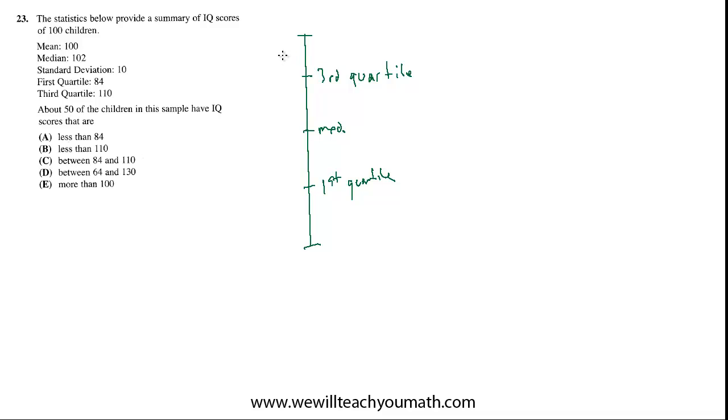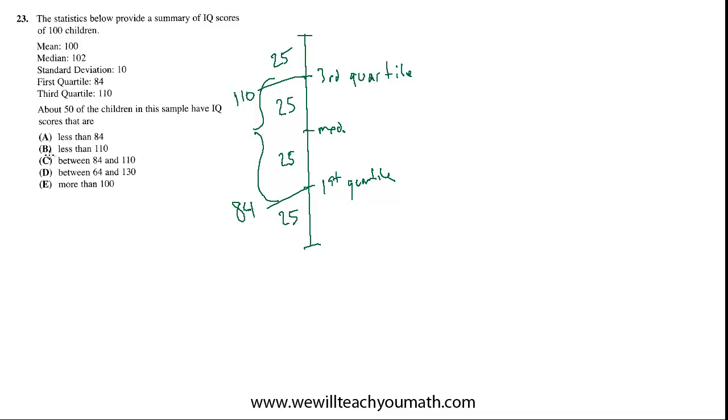If there's 100 data points, each one of these quartiles has 25 points in it. And then they define this thing called the interquartile range, which is from the first quartile to the third quartile, whatever that number is, up to this number. So from 84 to 110 is the interquartile range, and that contains 50% of the data.